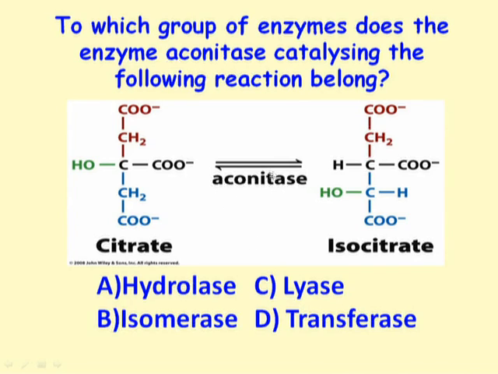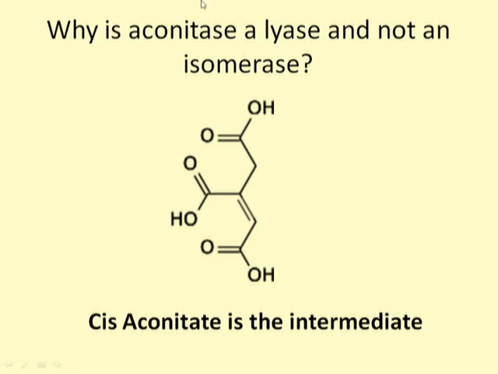But if you look at the enzyme name, aconitase, the name does not really befit this conversion of citrate to isocitrate. So there is something more to it. In fact, aconitase is a lyase. So the question arises, why is aconitase a lyase and not an isomerase?